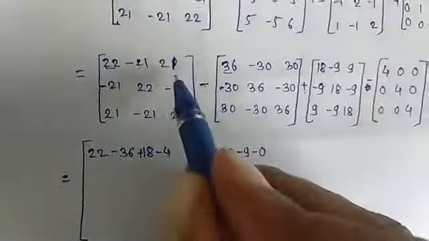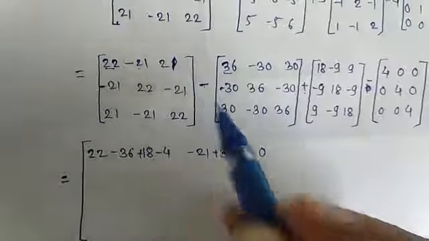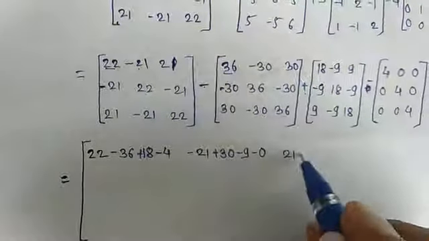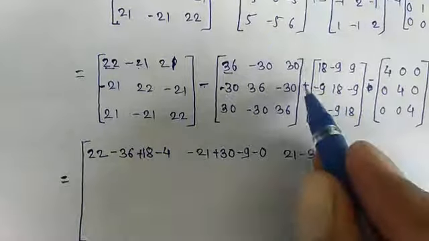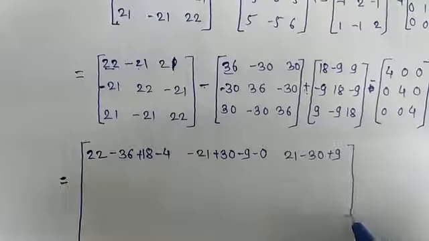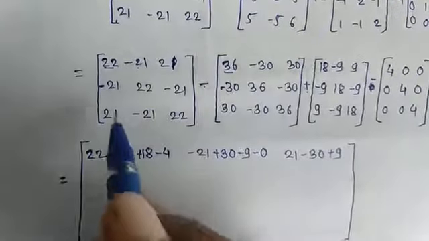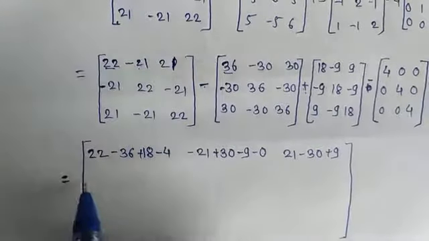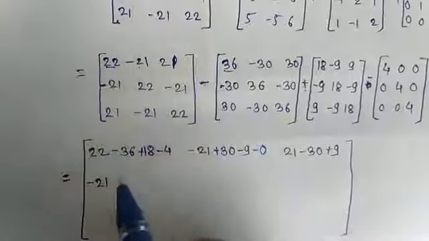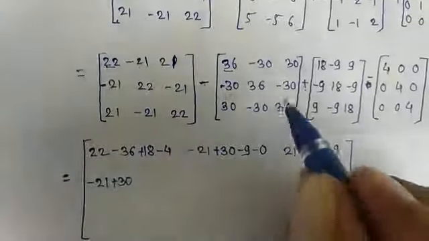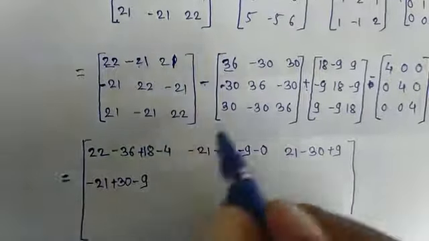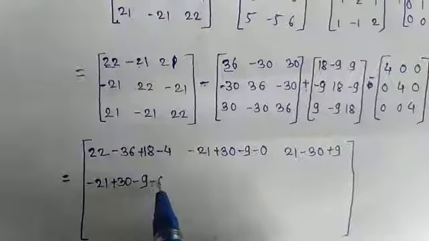Now for first row last term, 21 minus 30 plus 9, which is our first row complete. Now second row, the same: minus 21 first, minus plus 30 plus minus 9, and last it is 0 minus 0.